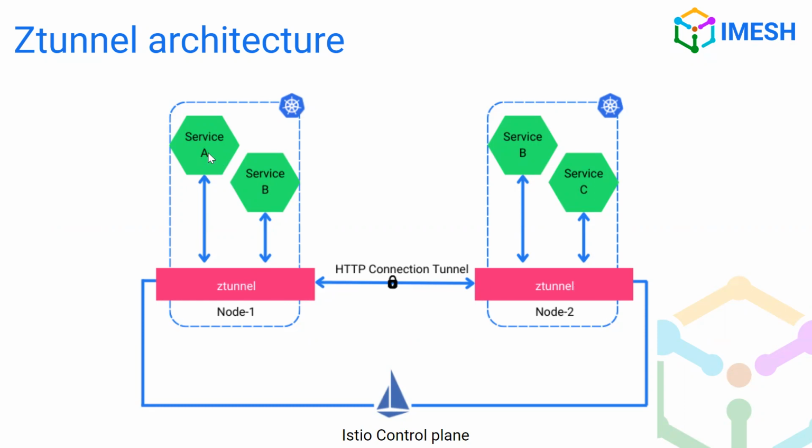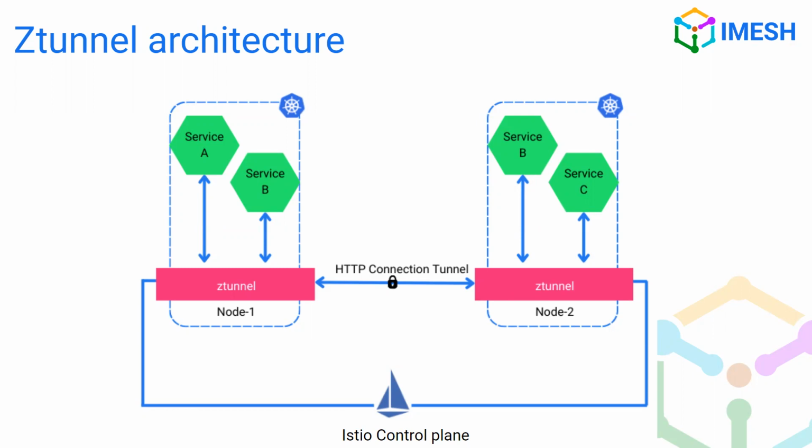So if service A wants to communicate to service C, service A sends data, and that data goes to the Ztunnel on node 1, which transfers the data to the Ztunnel on node 2, and after that the data is transferred to service C. Here Ztunnel is a daemon set, which means it runs on each node.